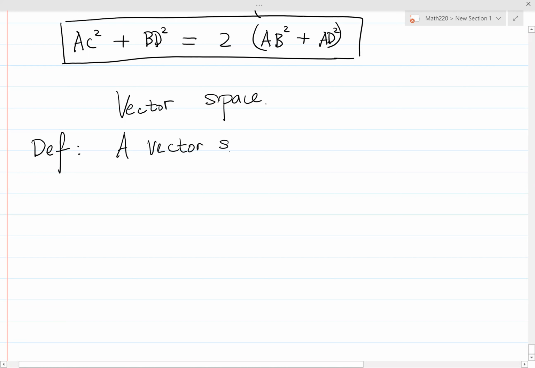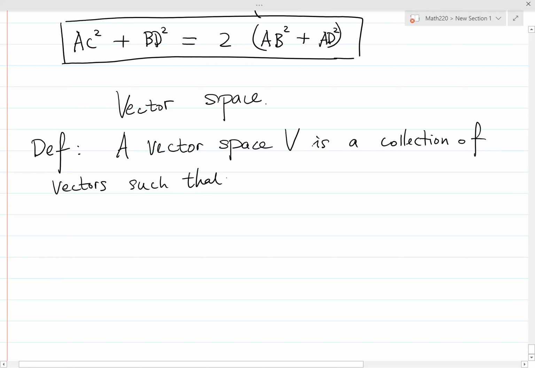So a vector space V is a collection of vectors such that when we do the natural operations of vectors, we still lie in this space, such that any linear combinations of vectors in V again lie in V.